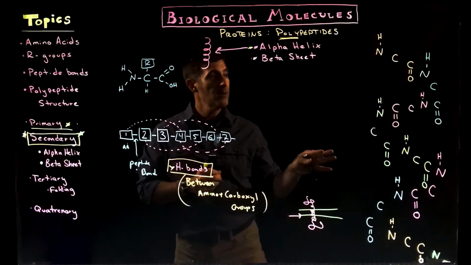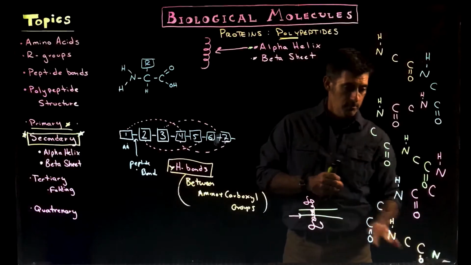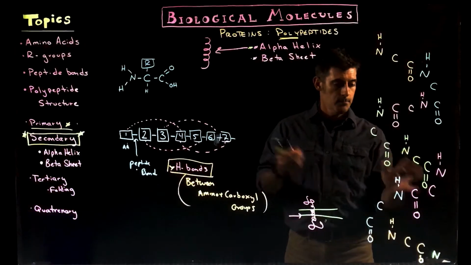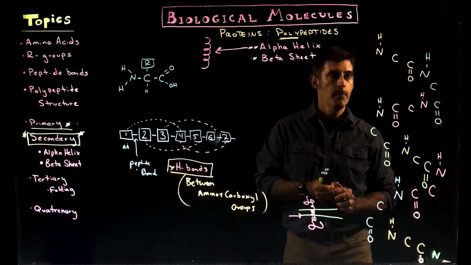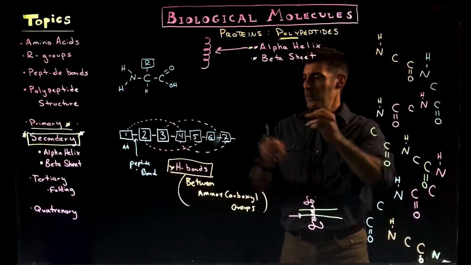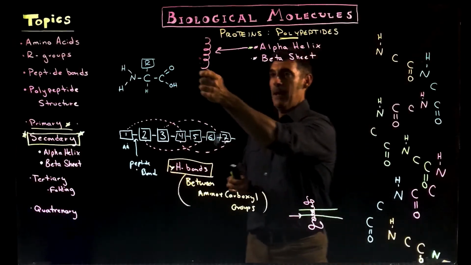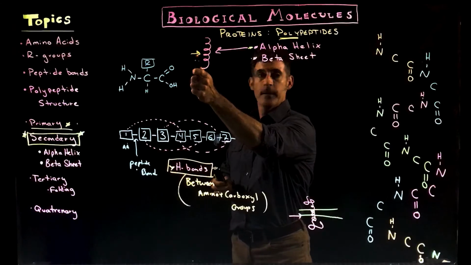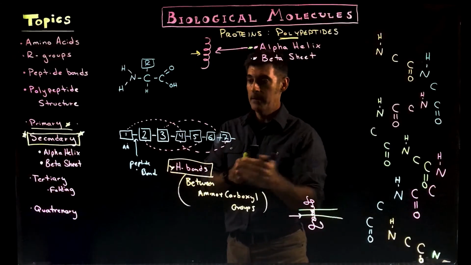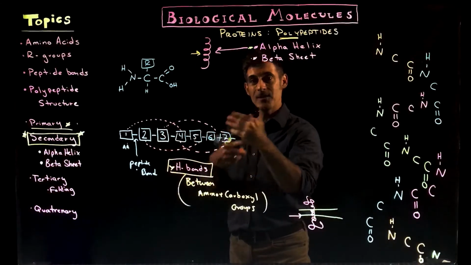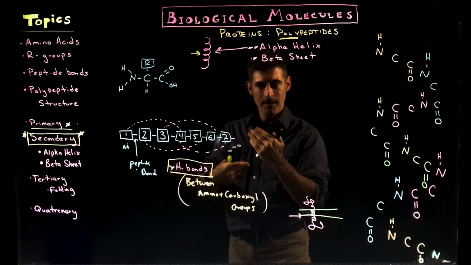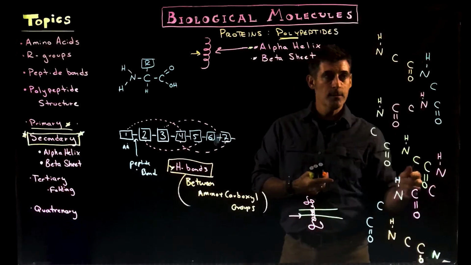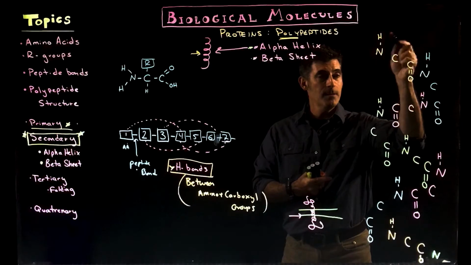So what I've already drawn over here is this sort of structure, and right now it kind of looks like a jumble. But what this really is a representation of is this alpha helix corkscrew and how it's put together as the amino acid chain is twisted and interacts with itself. So what we get is something that looks like this.